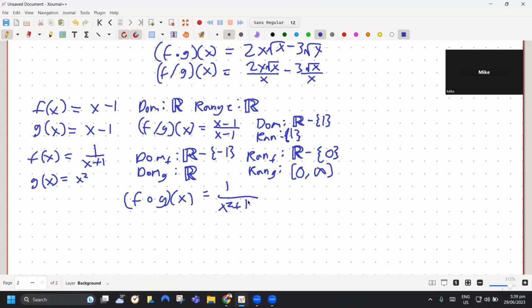Okay, ngayon, ano domain and range ngayon ng composite function na yan? Teka, domain ng F circle G.